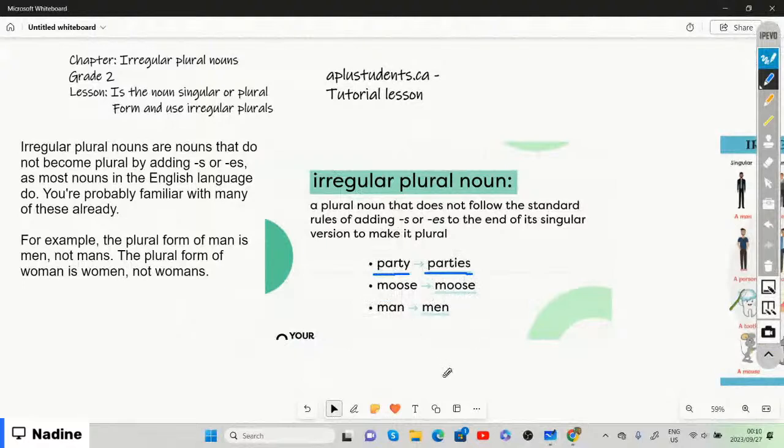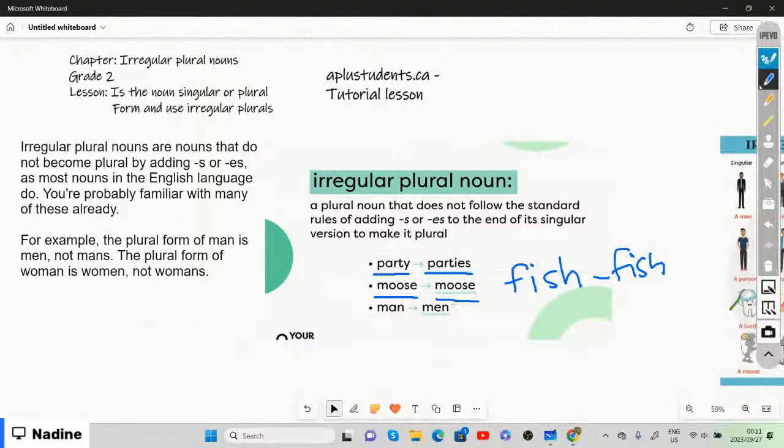Then we have some words that stay the same. They do not change. For example, moose and moose, and then a word like fish and fish. Those are words that can be the same, so it can be written as both singular as well as plural.